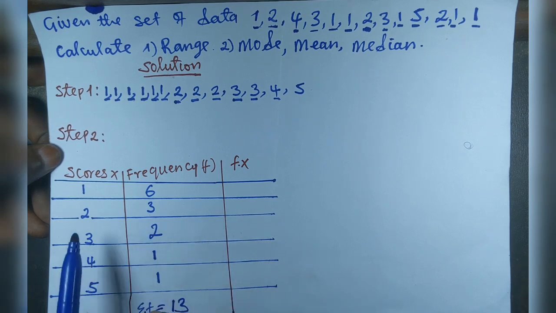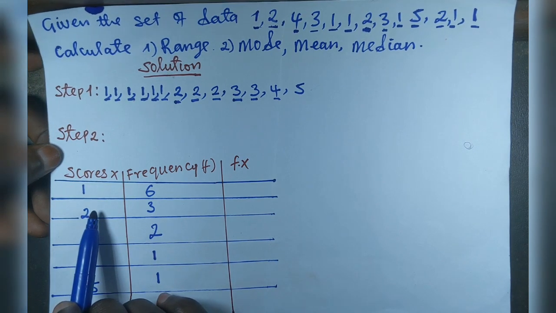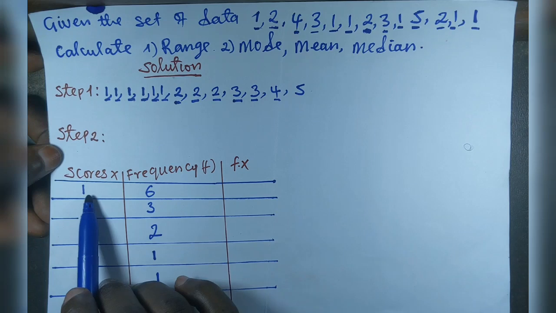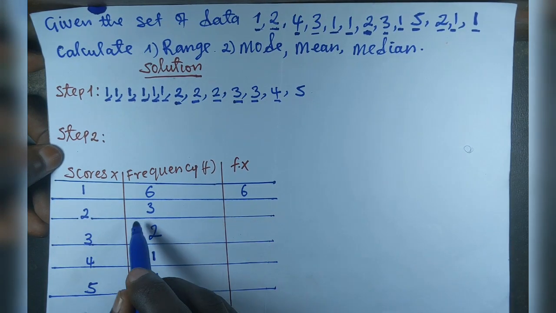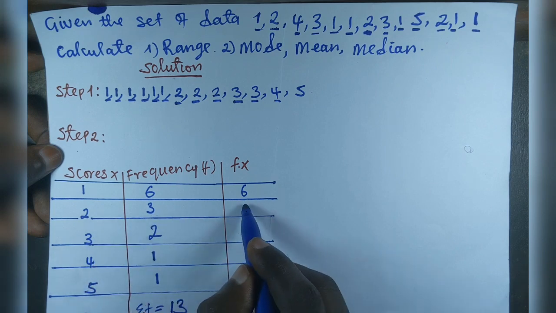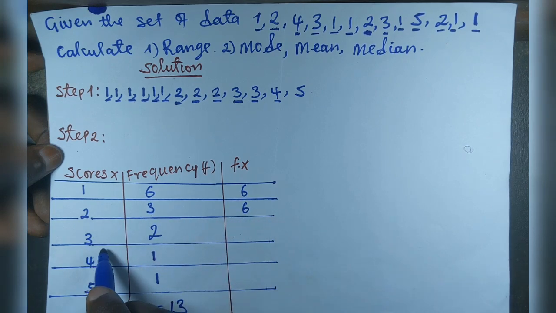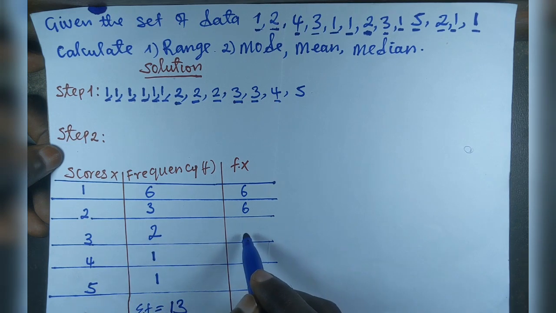We now need to look for the product of frequency and the score. 1 multiplied by 6 gives 6. 2 by 3 gives 6. Then 3 by 2 gives 6 again.